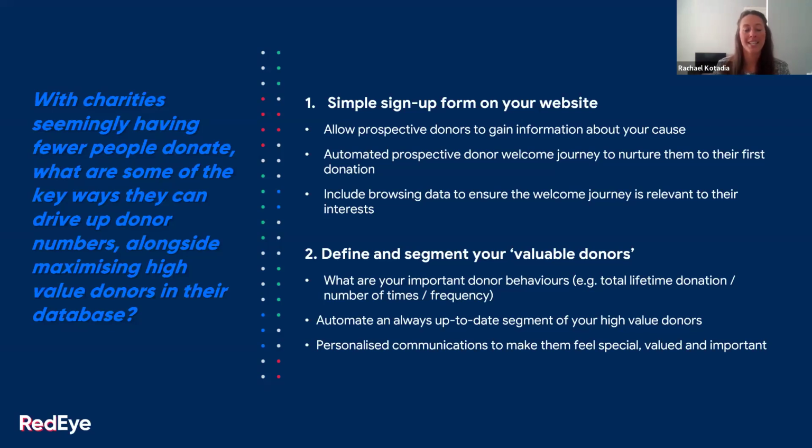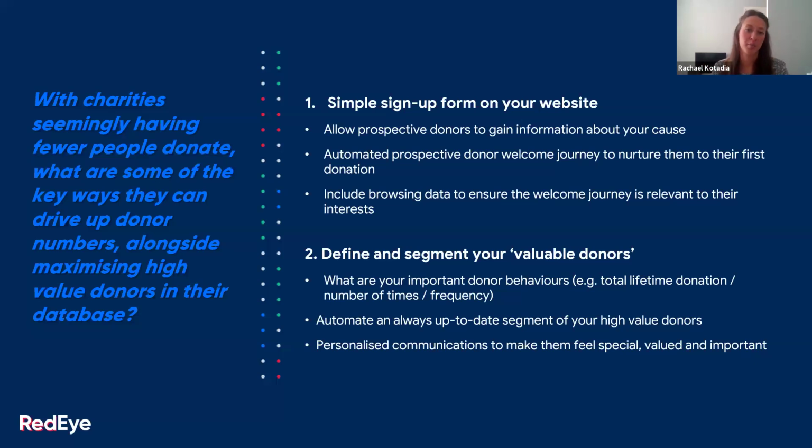So what I would say is you all, as charities, need to define what your important donor behaviours are, and it's probably going to look different at each of your charities, which is why it's unique to you, and it's something that you really must define. But when thinking about it, consider what is showing signs of longevity and loyalty.